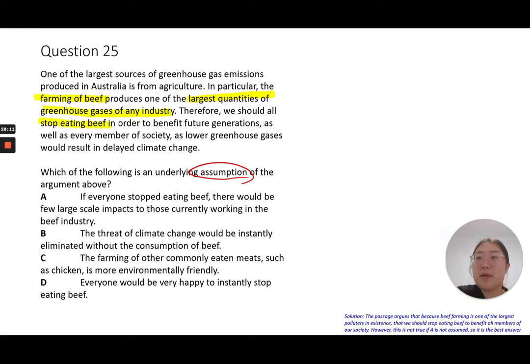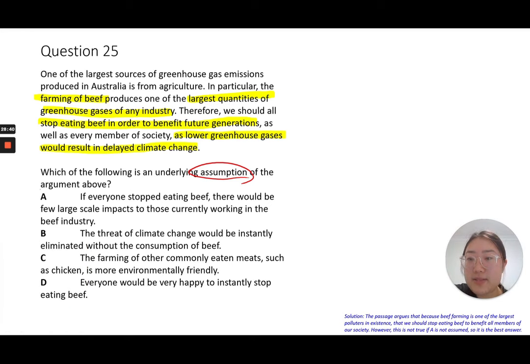Therefore, we should stop eating beef in order to benefit future generations, as lower greenhouse gases would result in delayed climate change. So the passage argues that beef farming and beef eating is one of the largest pollutants or causes of greenhouse gases, and therefore we should stop eating beef to benefit all the generations.